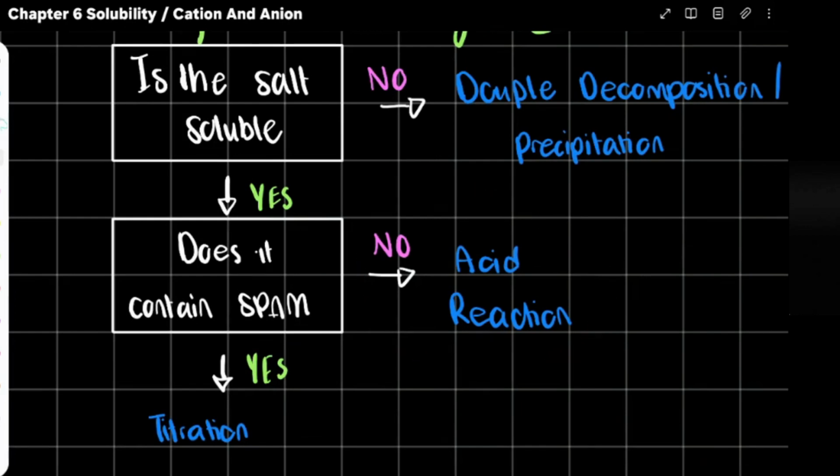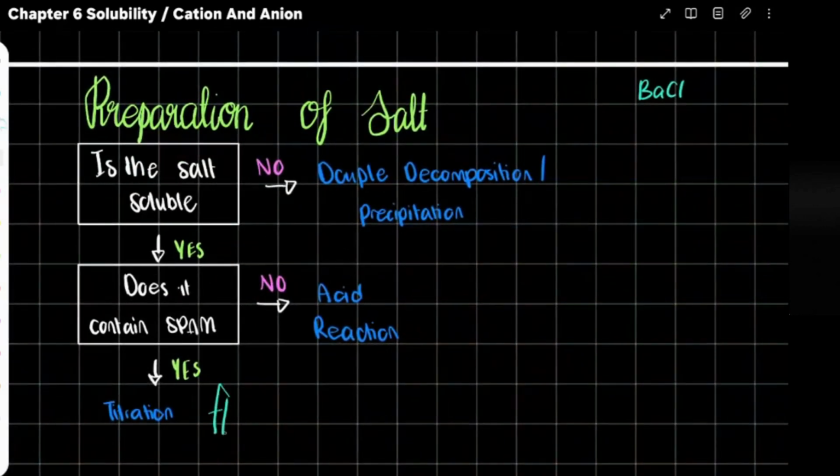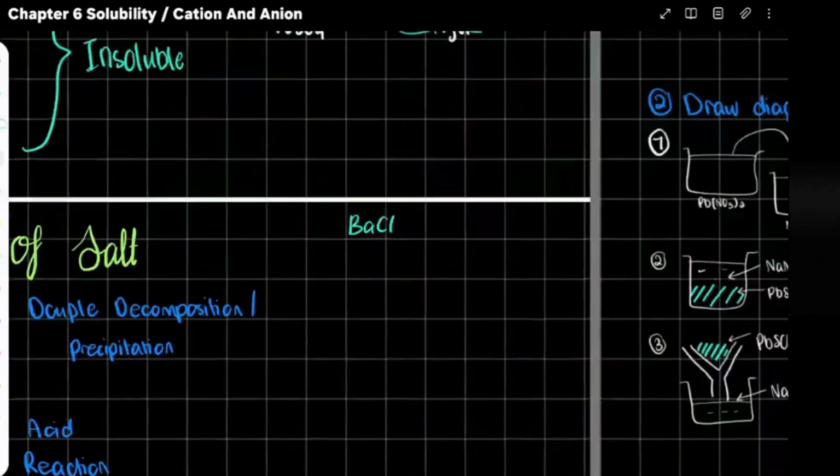If no, you use acid reaction. Now you have to always remember this flow chart here. It will help you use the correct method, or else you will use the wrong method and get a different salt. You want the salt that you want, right? So let's go one by one.